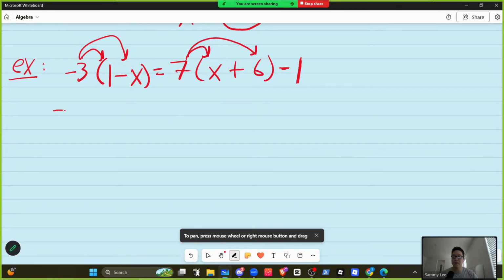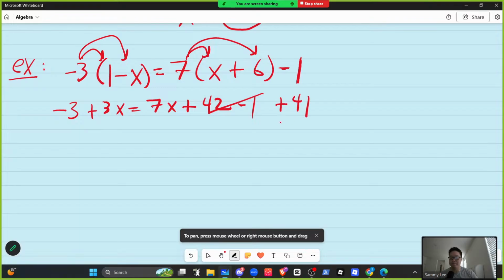When we do that, we get negative 3 plus 3x on the left side equals, on the right side, 7x plus 42 minus 1, which is 41. Let's rewrite our problem to make it a little bit neater. So we have negative 3 plus 3x equals 7x plus 41.